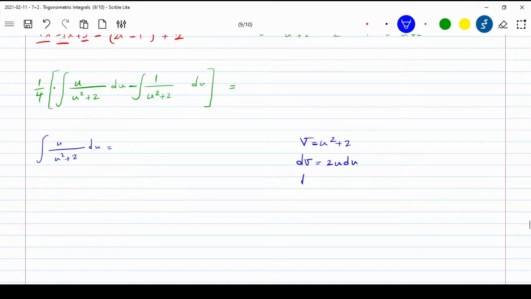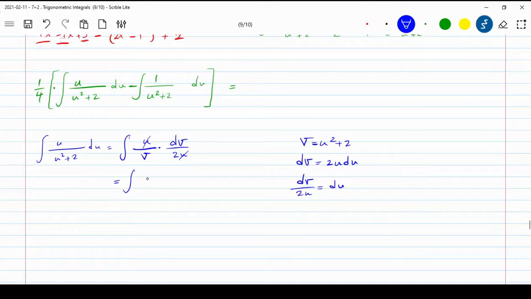So instead of du, I have dv over 2u. So I can write this integral as the integral of, instead of the denominator I have v. Instead of the numerator, which is u, let's keep the u. Instead of the du, I can write dv divided by 2u. And these will cancel out.